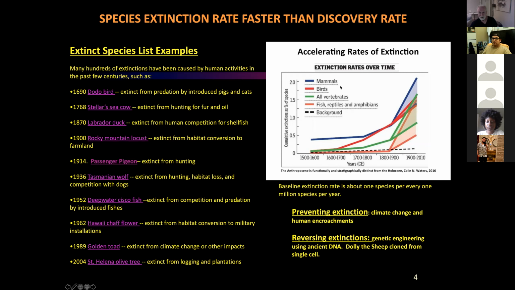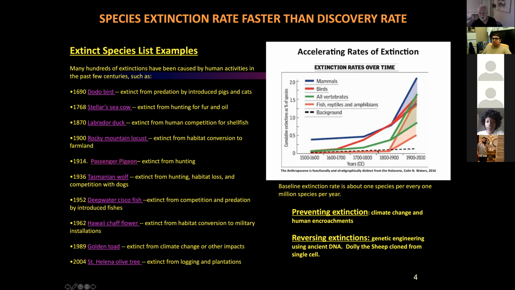If you look at individual groups of species like mammals, the blue line, the extinction rate is rising at a very fast rate. And in fact, they all are, starting at about the time of the Industrial Revolution.